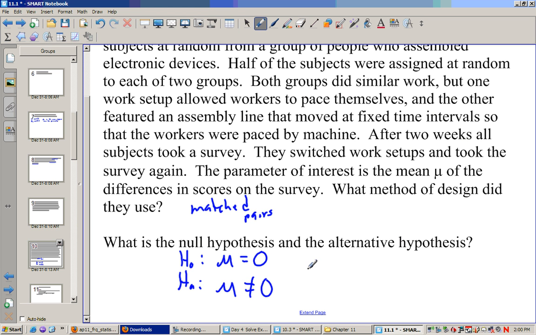So what we'd want to say is mu is the mean difference in satisfaction scores.